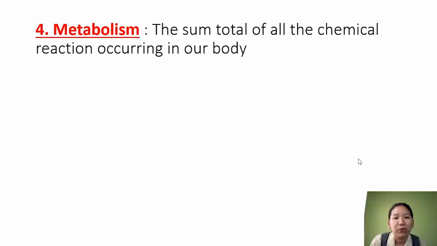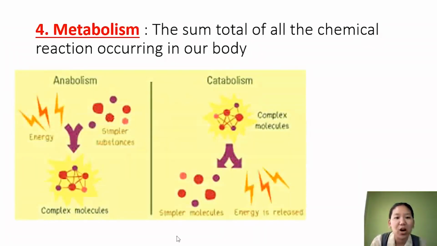For example, to get energy, we take food, and that food must be digested first, and then from the digested food we obtain energy by undergoing cellular respiration. The glucose in the cell is broken down to release energy. Here you can see the breakdown of a complex molecule into a simpler molecule, thereby releasing energy. Such a type of reaction we call catabolism.